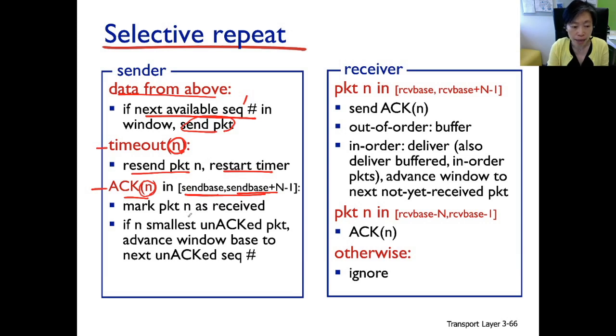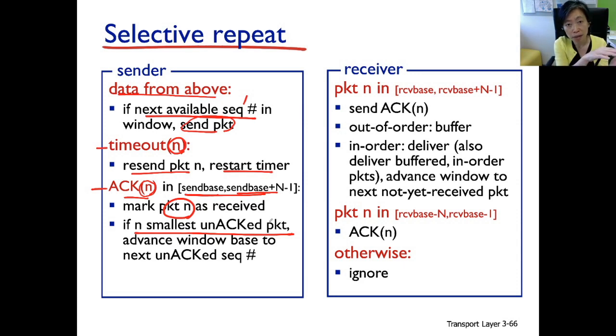Now, once that's the case, we mark packet n as received, so turn it to green. If n is also the smallest unACKed packet, there could be a number of other greens following that.